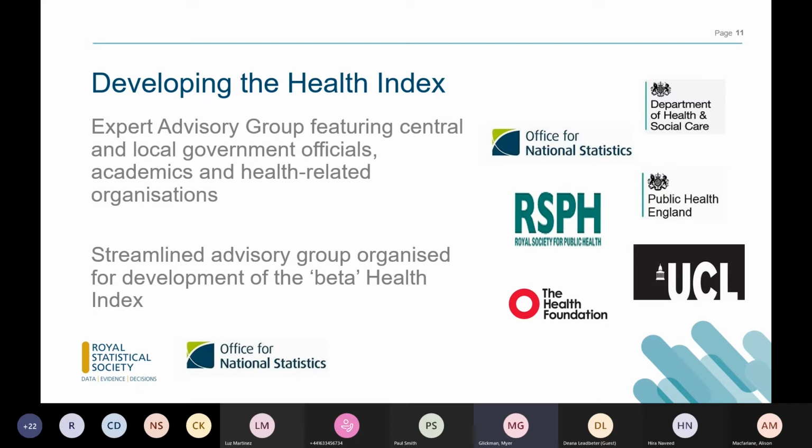So it's a working model showing where we've got to and asking for comment on how we can finalize it and improve it. And so with a streamlined advisory group, we rushed the work forward as fast as we could. And you've now got the beta, it's out there, people can look at it and use it. And then this consultation will allow us to refine it.